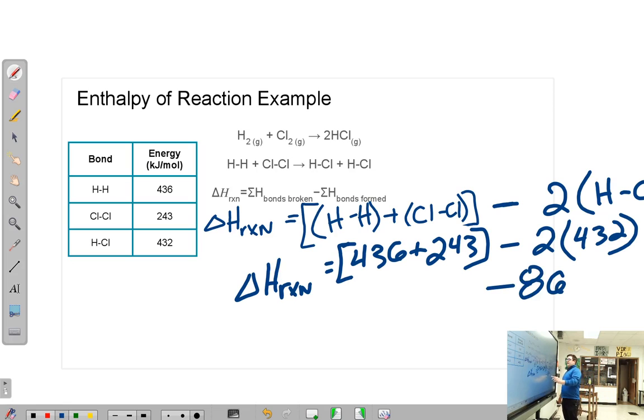What about the left side, Evan? 679. I agree with you. 679 minus 864. What's that going to give me? Check on the math. 679 minus 864 gets me negative 185.